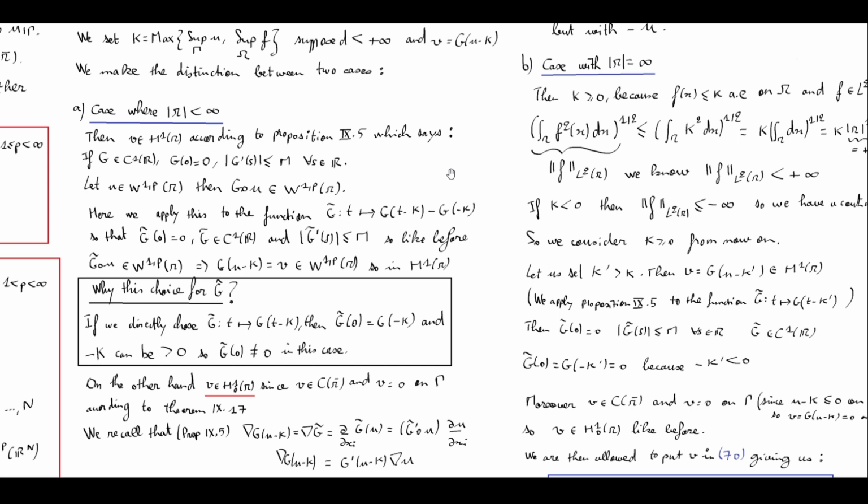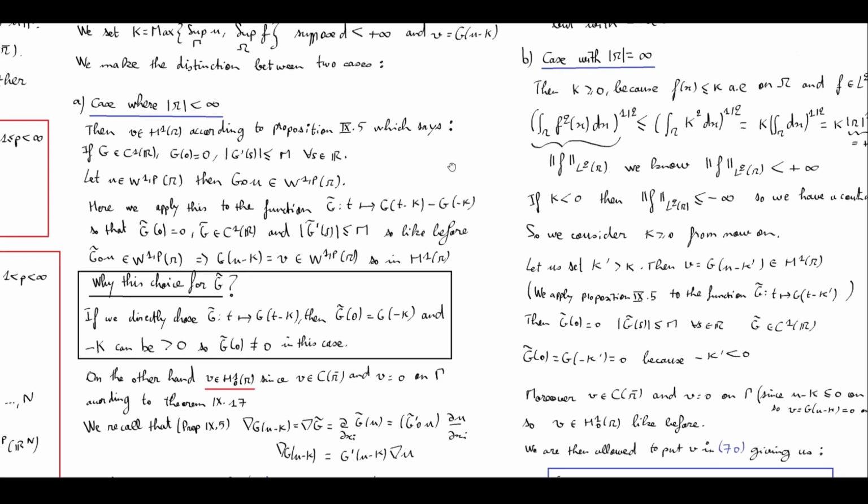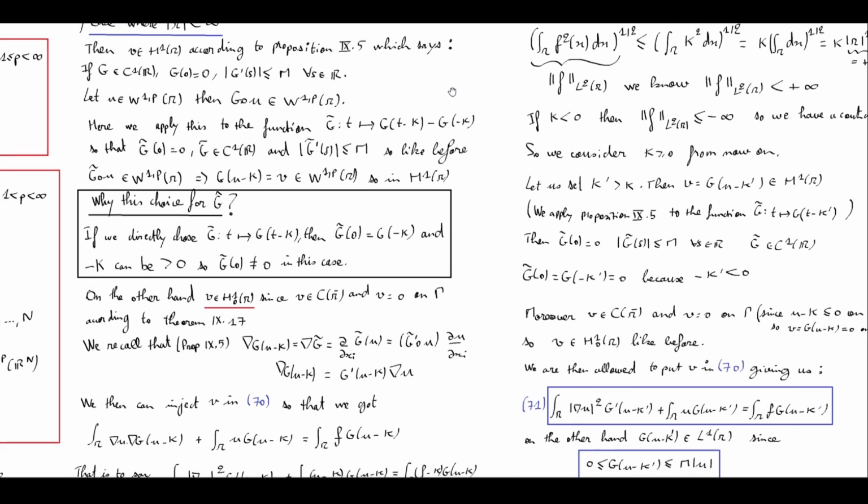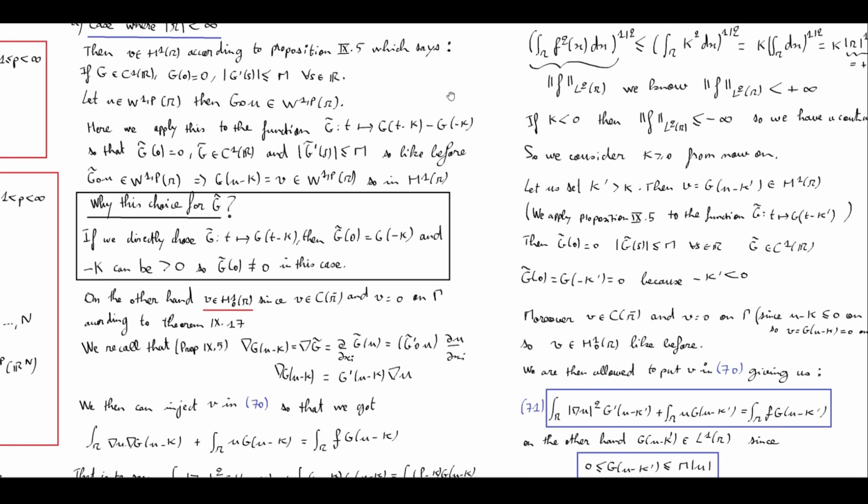Here we apply this to the function g tilde, defined by g of t minus k, minus g of minus k, so that g tilde of 0 equals 0, g tilde is C1, and the derivative of g tilde is also bounded.